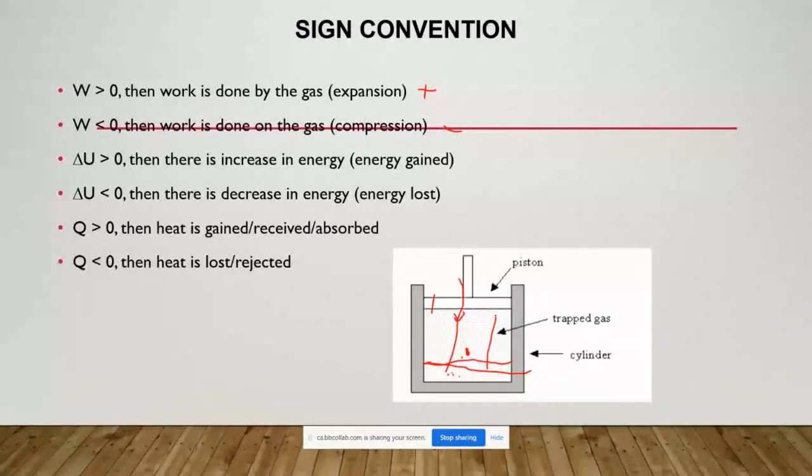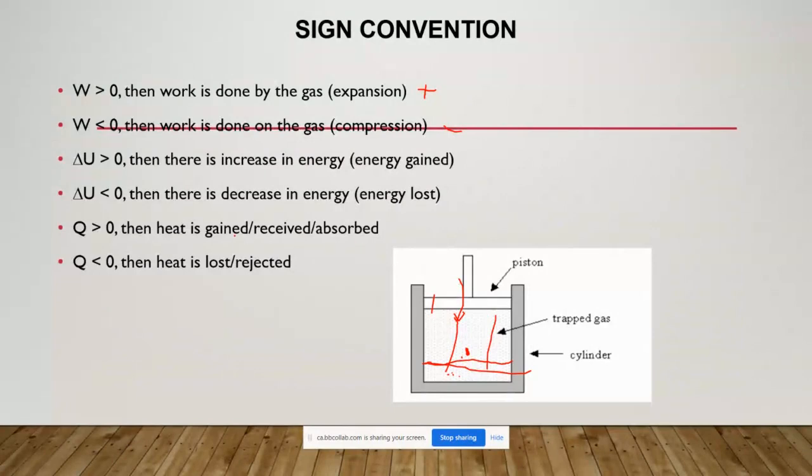By doing that, the work is done by the gas on the piston. So in expansion, when you look at the PV diagrams, when the gas is expanding, you must know that your work done is going to be positive. And when it's compression, your work done is going to be negative. That is the meaning of the positive and the negative sign for the work done.